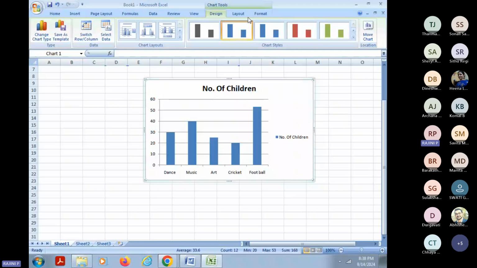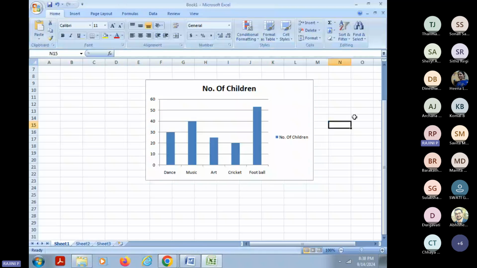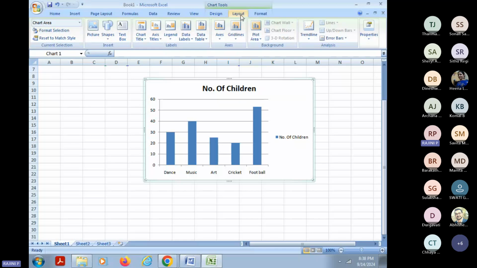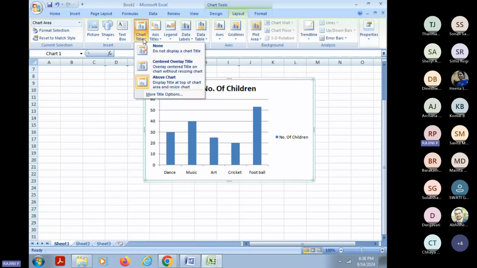I kept my cursor somewhere else; in the toolbar, can you see chart options? No. So click on the graph, then you can see the chart tools. Then go to the layout, click on the chart title, then select above the chart.